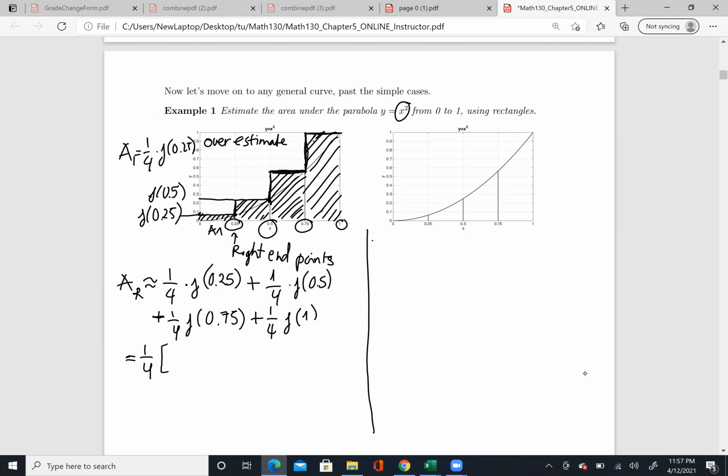So the base for each interval is 1, right?